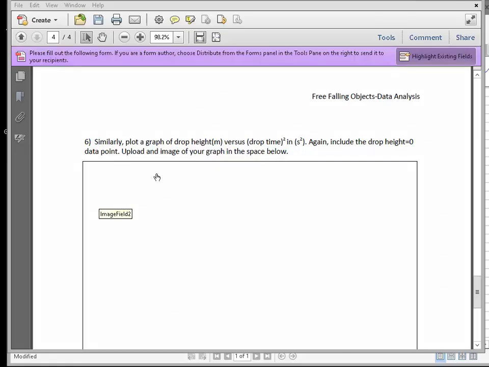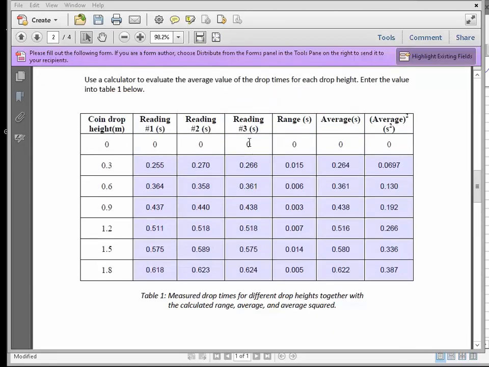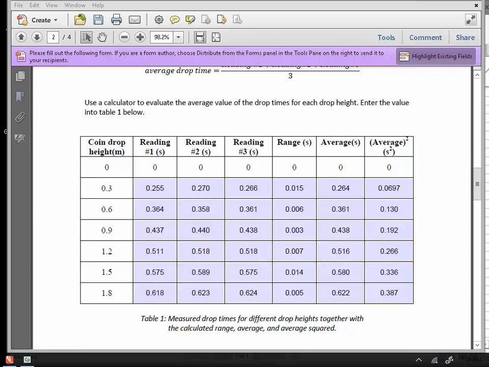For part 6, we want to plot drop height versus the drop time squared. So we'd like to plot this quantity on the y-axis and the average squared on the x-axis. So we're going to use the same technique that we used before.